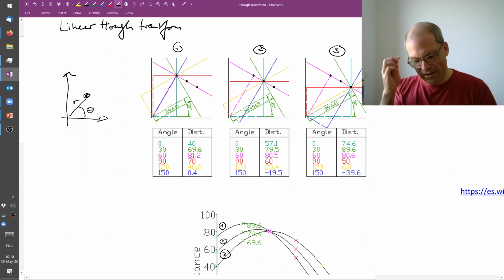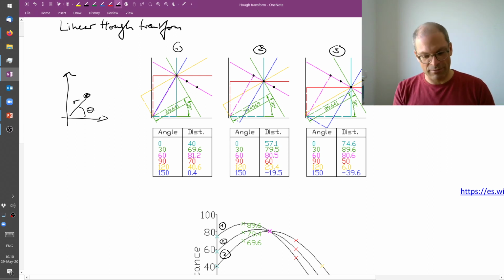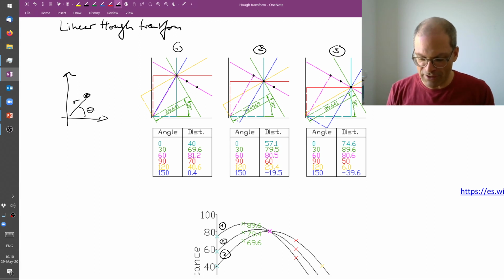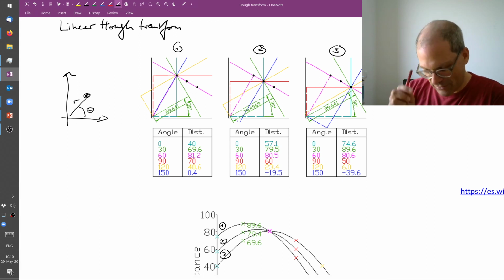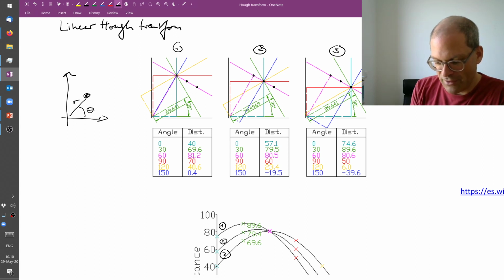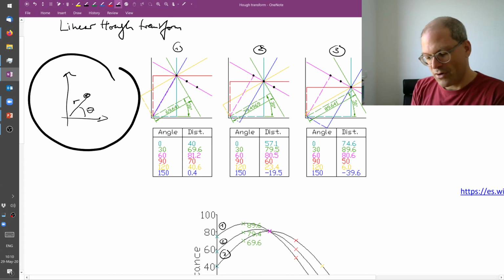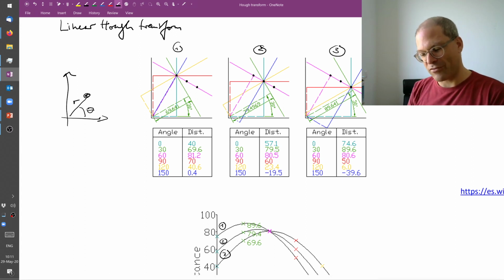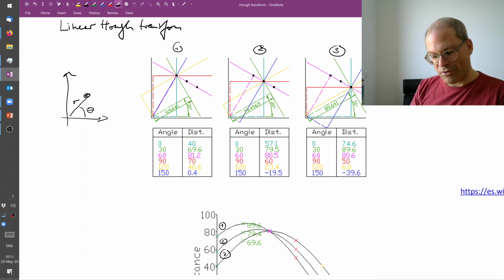We want something that is a bit more agnostic with respect to what orientation we're going to see in our data. And the parameterization proposed here is the one shown on the left, one in terms of how far away the line is from the origin. If we project the origin on the line, how far away is it?